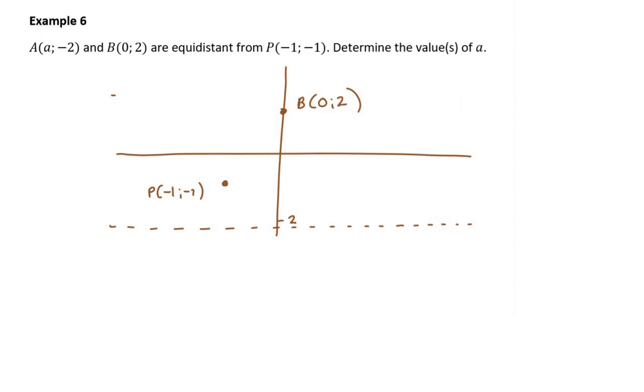Now, equidistant means the same distance. So A is the same distance from P as B is from P. So there's a distance from P to B. I'm going to call that distance PB. Do you notice that I can actually work out that distance because I have all the coordinates? Now, this is apparently the same distance as, for example, I'm going to put A here.